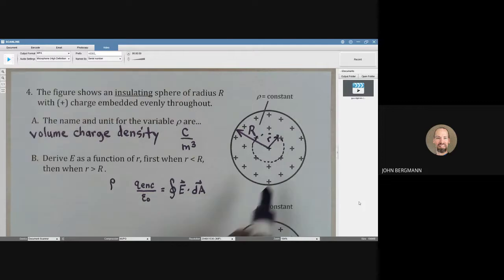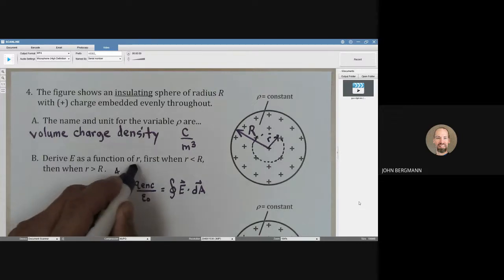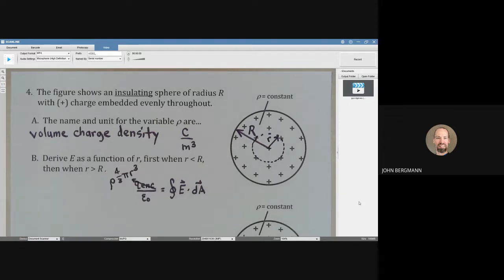So if you want coulombs, you're going to have to take rho and multiply by volume. Now, what's the volume of this little guy? The volume of a sphere is 4/3 pi little r cubed. So that's Q enclosed: rho times 4/3 pi little r cubed. The electric field at each point on this Gaussian surface is equal, so we can pull that E out of the integral.